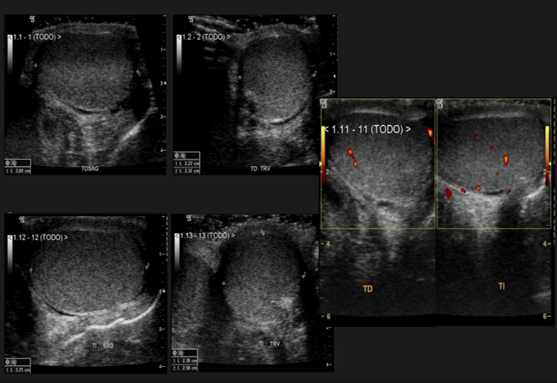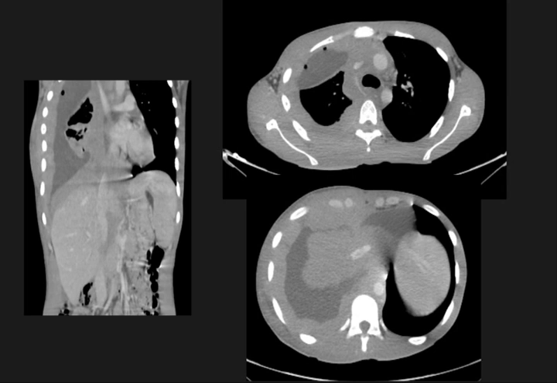Then they ask for a CT scan. Here you can see a CT scan of this patient.